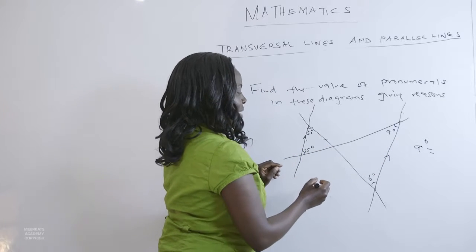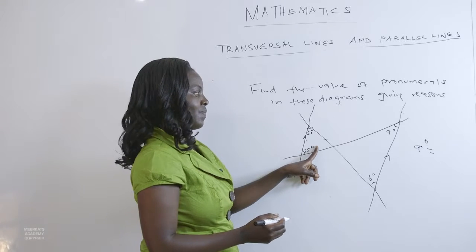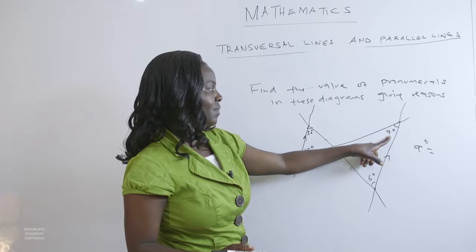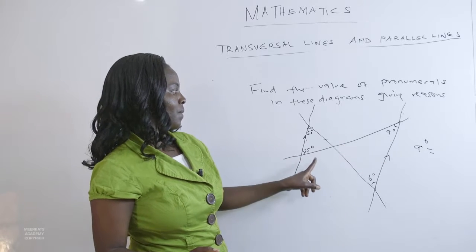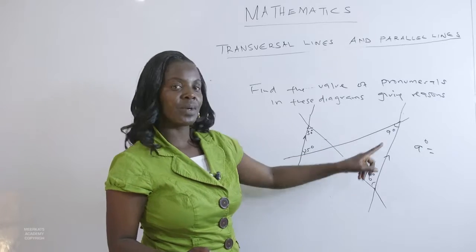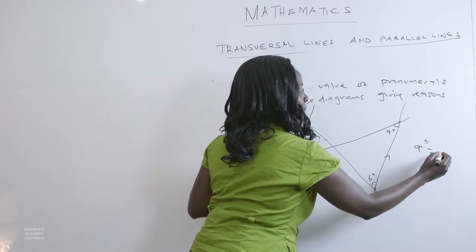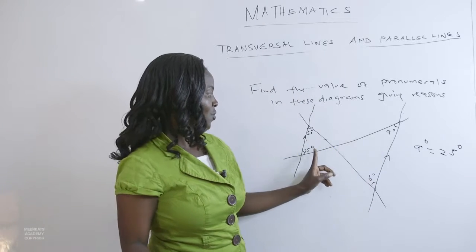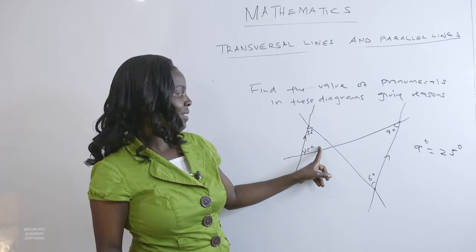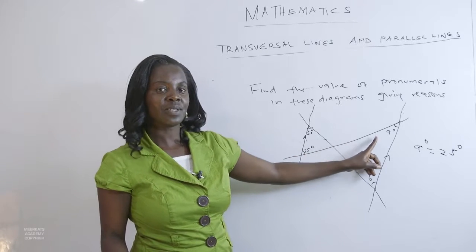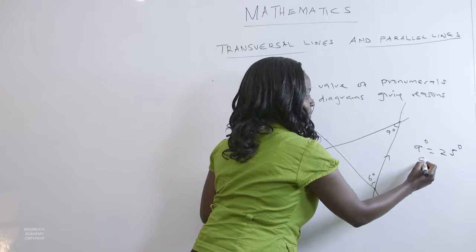You realize that this angle and this angle are on the opposite sides of the transversal, and we call them alternate angles. Meaning, A is equal to 25 degrees. Reason, alternate angles.